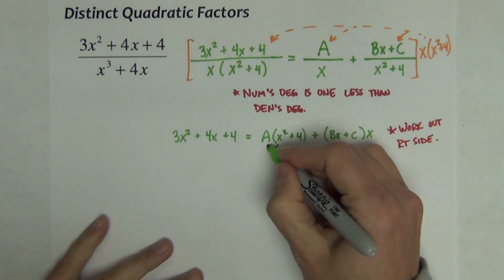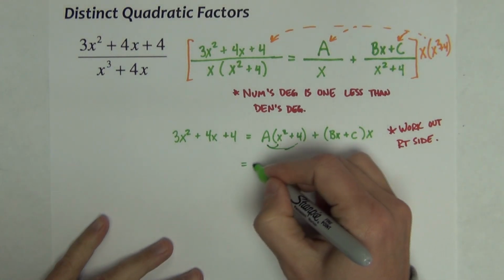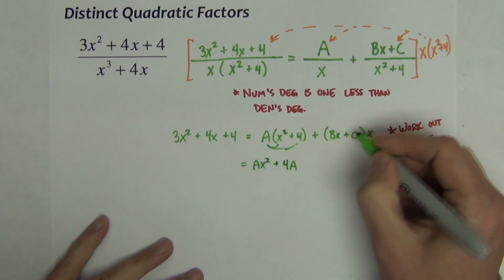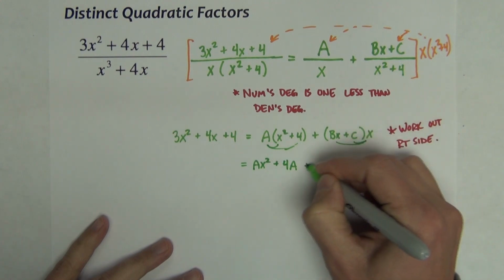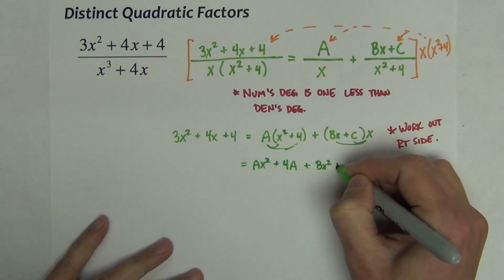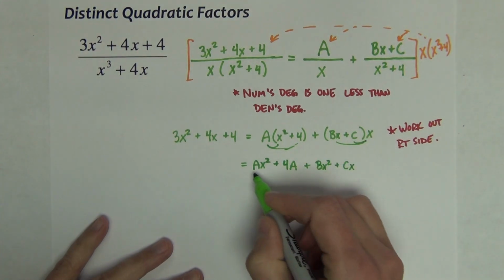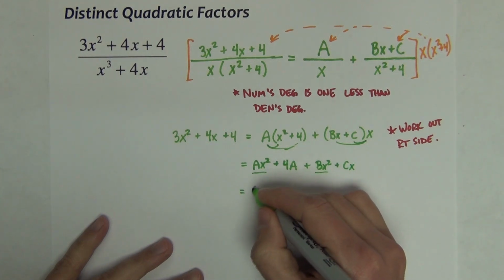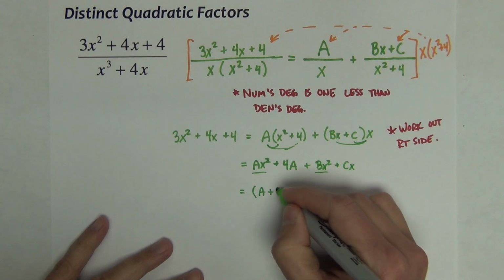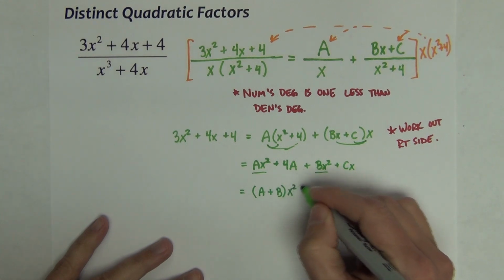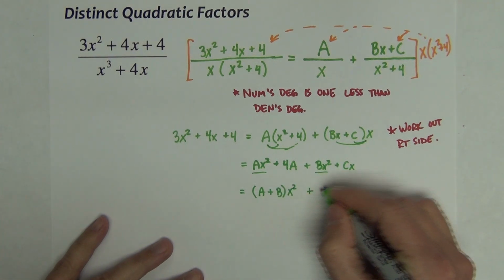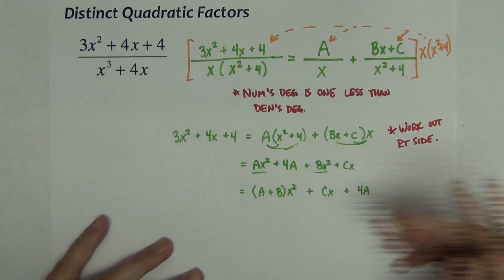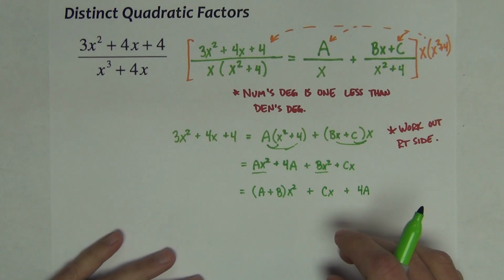I'm going to distribute here, giving me ax squared plus 4a. I'm going to distribute here, giving me bx squared plus cx. And now I'm going to group common terms together. I've got an a plus b that have x squared. I've got a c that has x, and I have a 4a that has neither x squared or x.